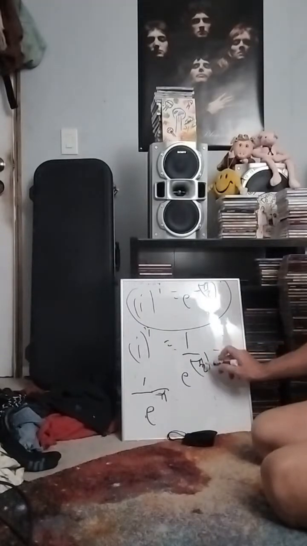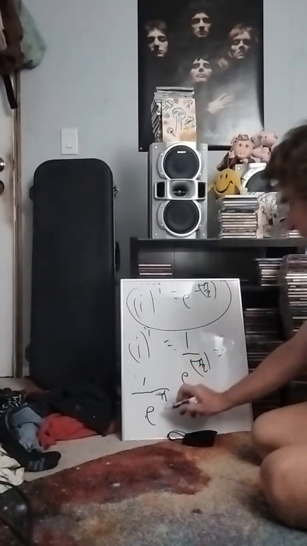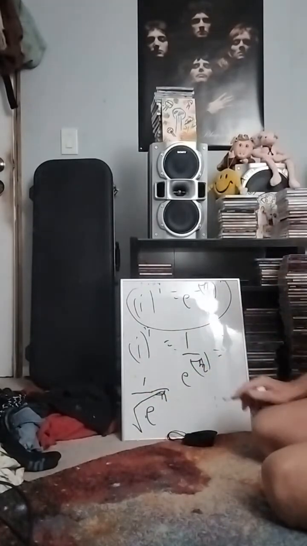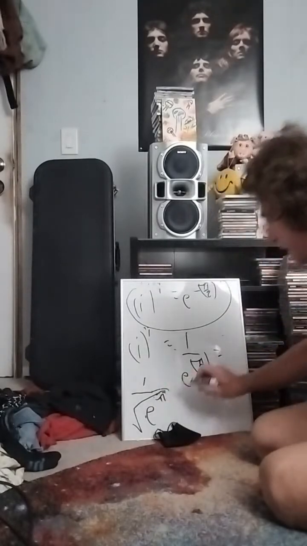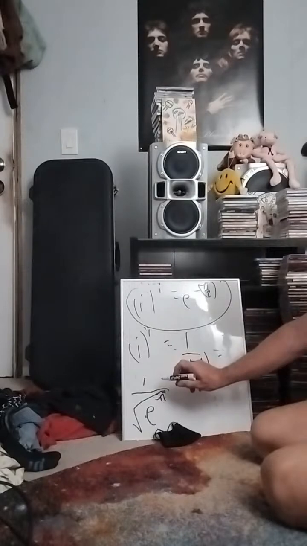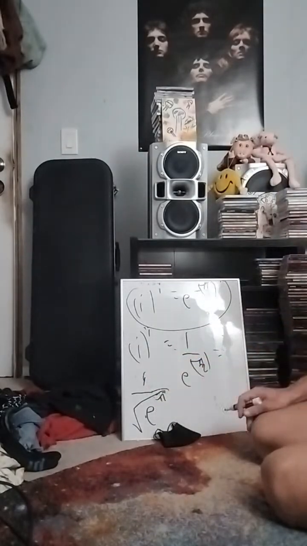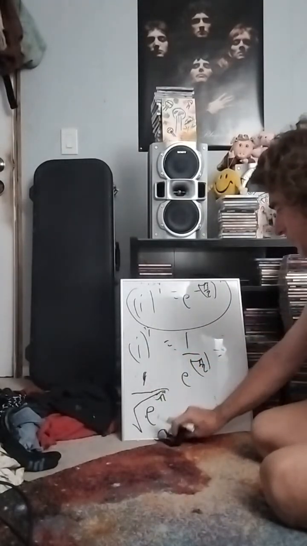So e to the pi over 2 is the square root of e to the pi. So 1 over e to the pi over 2 is 1 over the square root of e to the pi, which is still a real number.